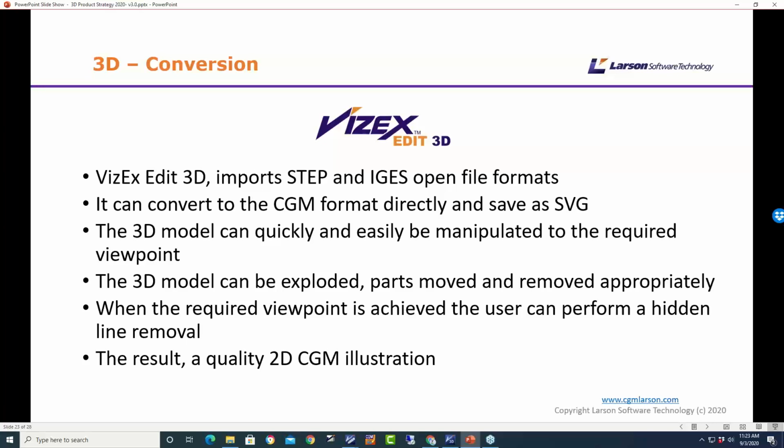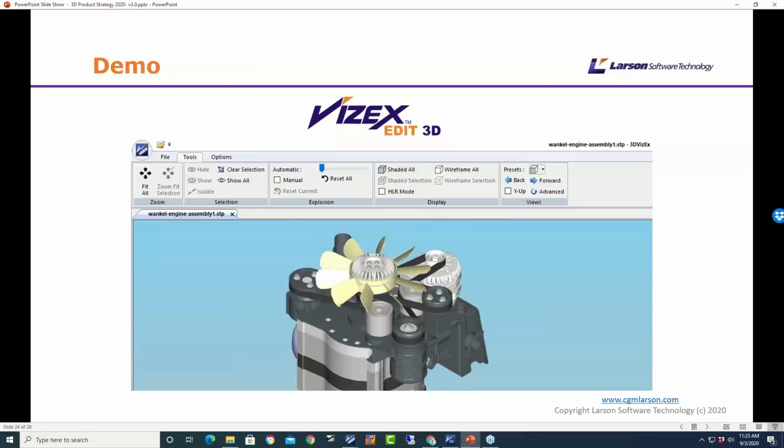We can explode the 3D model and move the parts around. And when we have the required view, we can perform a hidden line removal, and we'll have a 2D CGM illustration. We're calling it VisXEdit 3D, and let's see if we can get it open.